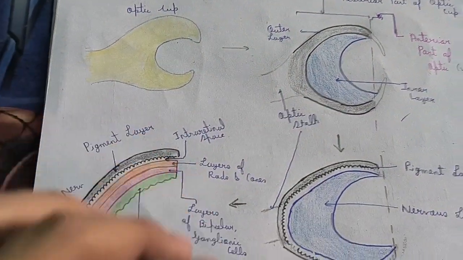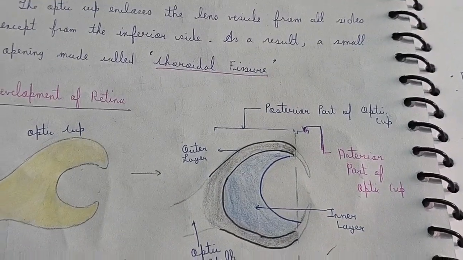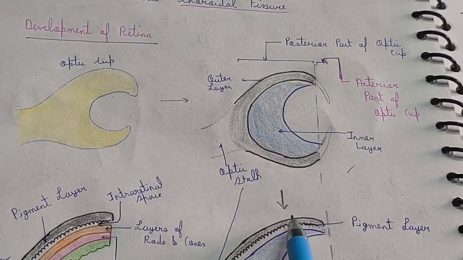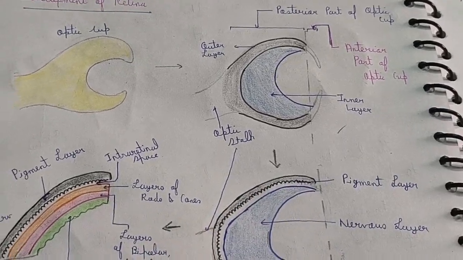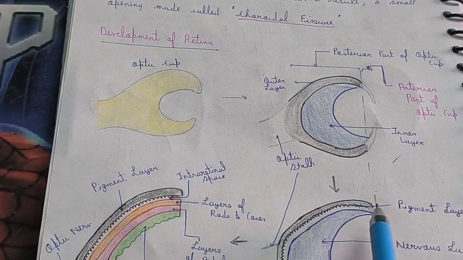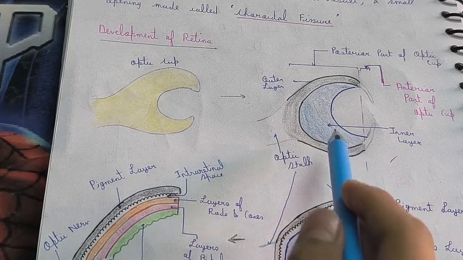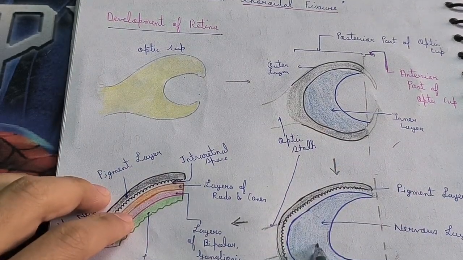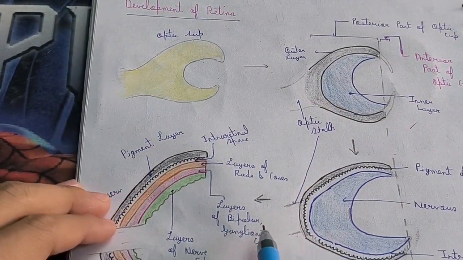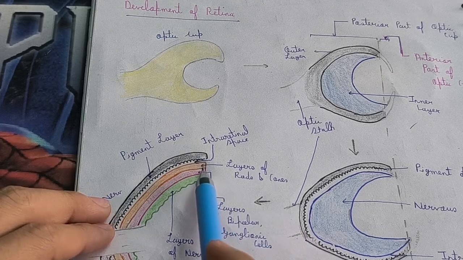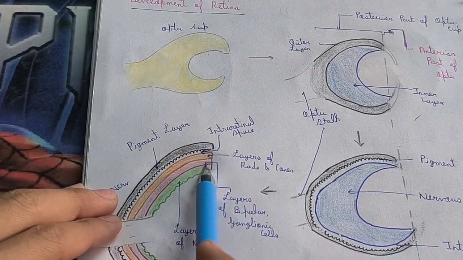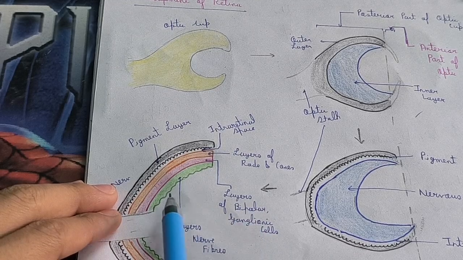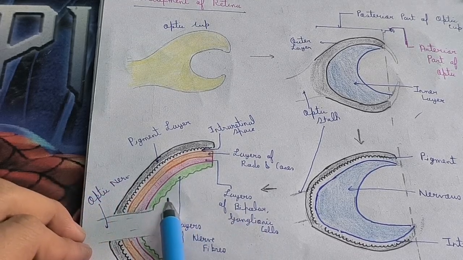The outer layer is converted to the pigmented layer and the inner layer is converted into the nervous layer. Now further divisions: from this nervous layer, three layers form: the layer of rods and cones, the layer of bipolar and ganglionic cells, and the layer of nerve fibers.